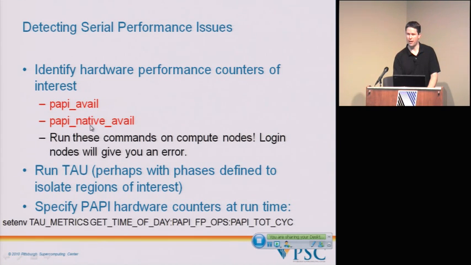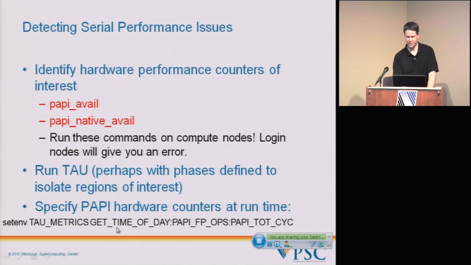So you find out which counters you're interested in measuring. You run TAU. Maybe you define a phase so that you can isolate a region of interest. The way that you specify this, just like you tell it that you want to get call path information, you just set an environment variable, and the environment variable is TAU_METRICS. And then you give it a list of however many of the specific PAPI counters, or there's some general ones too, and these are listed in the TAU documentation.